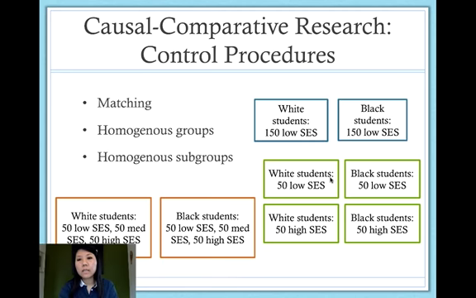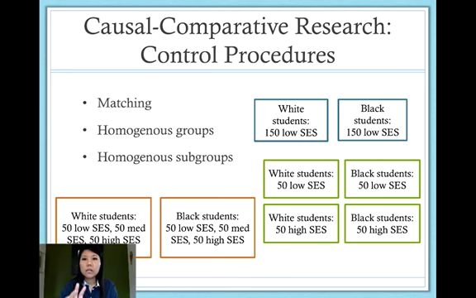So I might say, well, I want to know if there's a difference between this group and this group. And I want to know if there's a difference between this group and this group. I can also look at the difference between this group and this group. And same here, this group and this group. That's homogeneous subgroups. So there's different ways, and each of these ways we can control for SES.